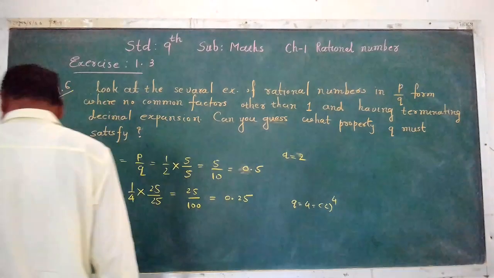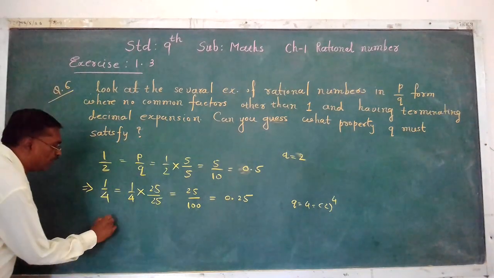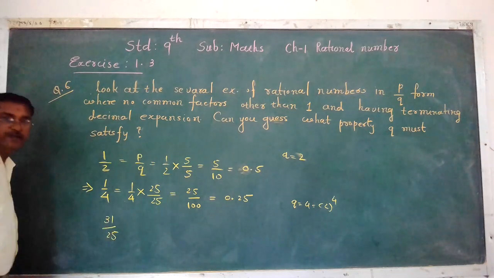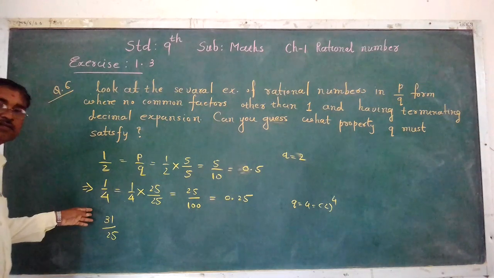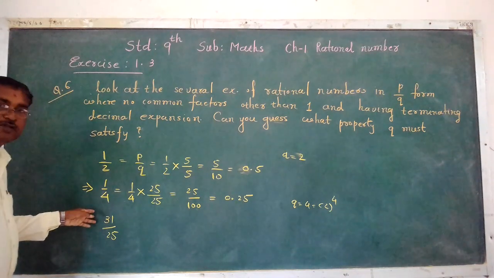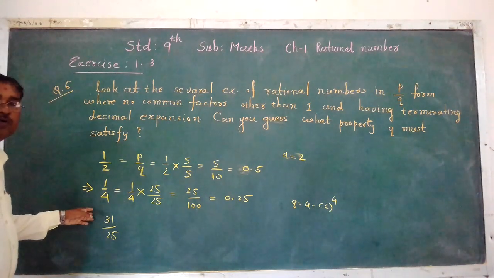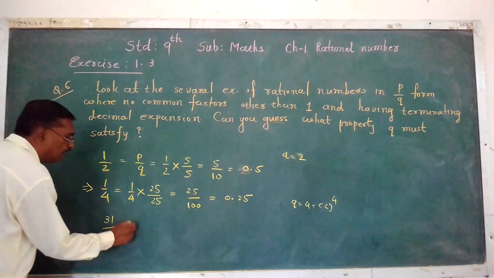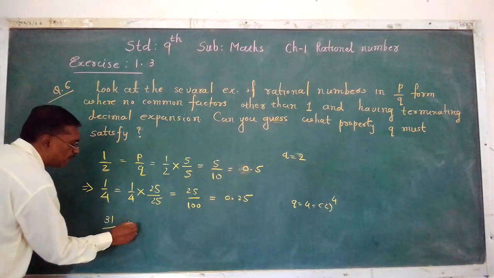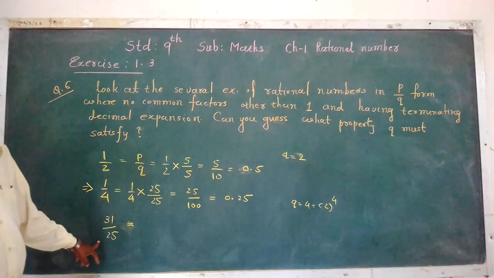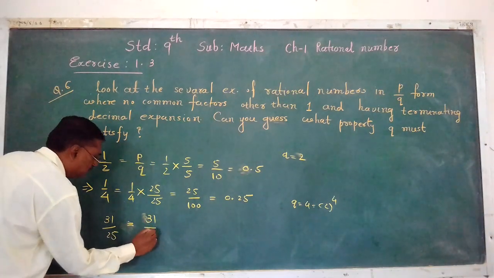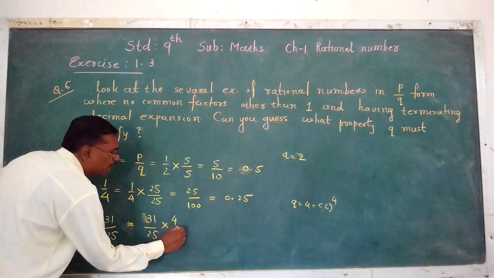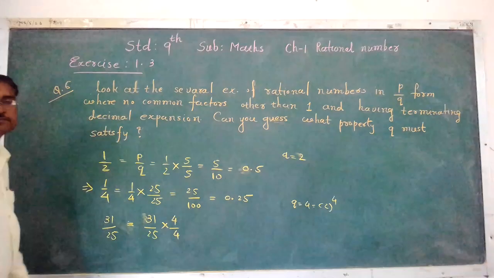Now another example, 31 upon 25. We can take any number instead of 31, like 15, 13, 34, whatever. Now to make 100 or 1000, for 31 upon 25 we multiply and divide by 4.